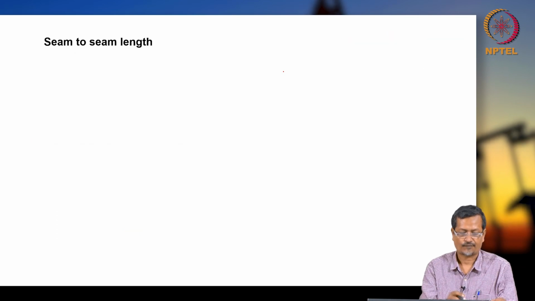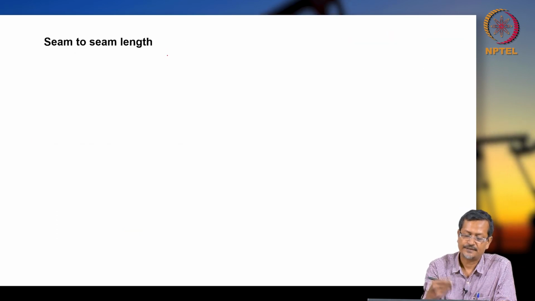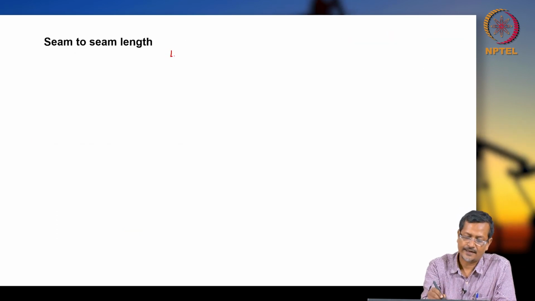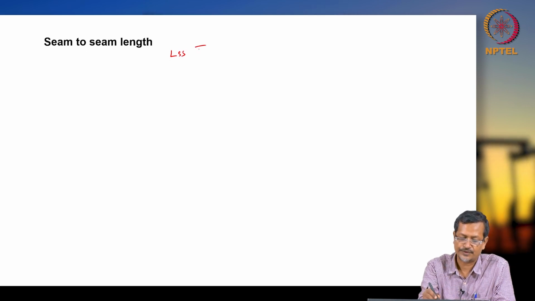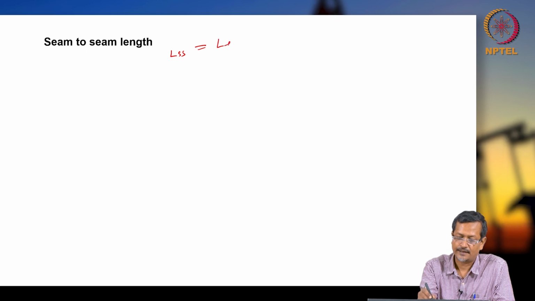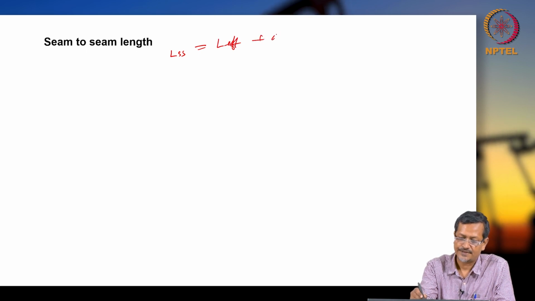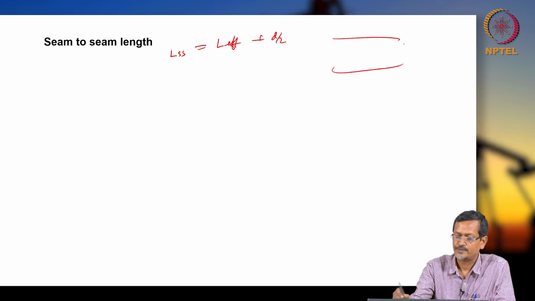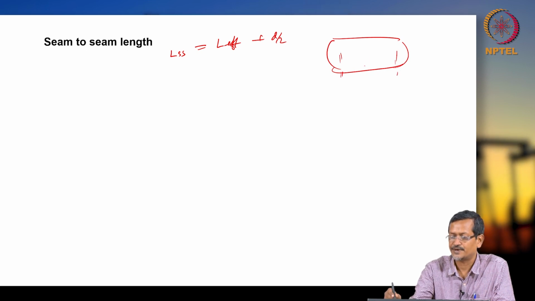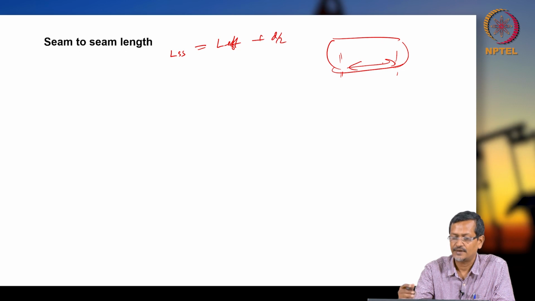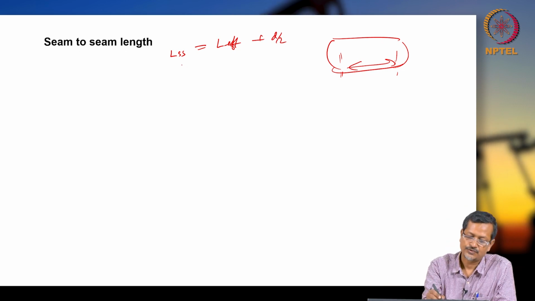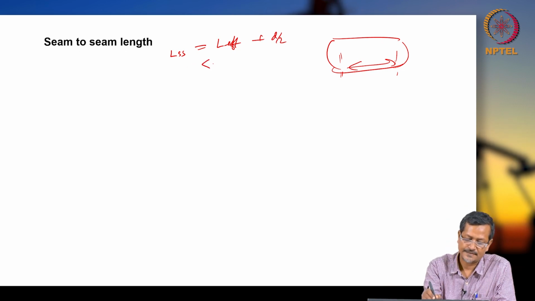Okay, so seam to seam length in a horizontal separator you have also seen, L SS. The formula differs actually, so you do not use the same formula: L effective length plus D by 2. Seam to seam means the total length of the separator, and effective means a certain amount will not be used for separation. So effective length will be lower than seam to seam length. So the slenderness ratio normally will be less than 4 or 5.